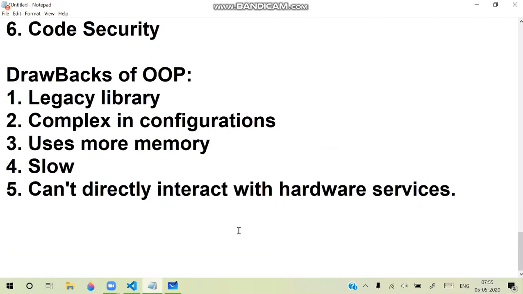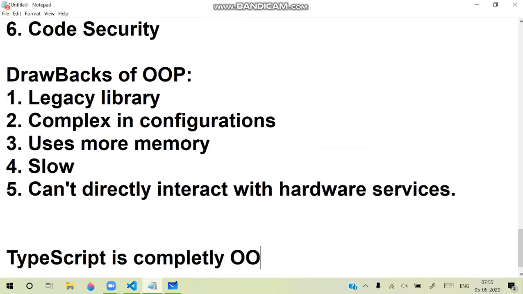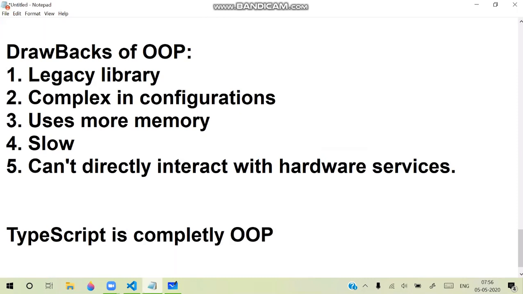And importantly, we should know that TypeScript is completely an object-oriented programming language.